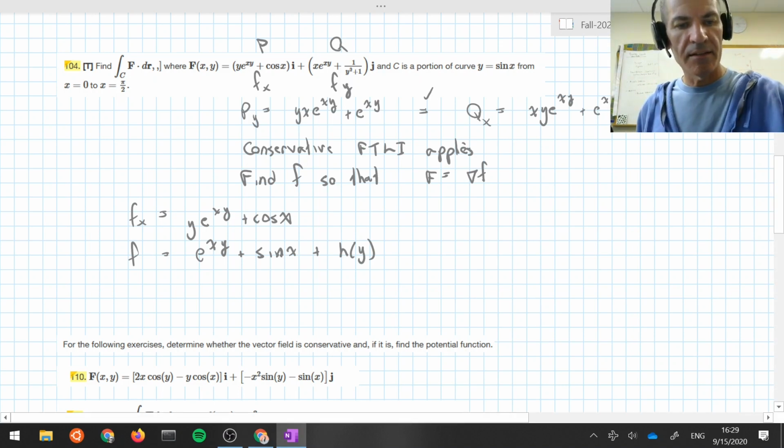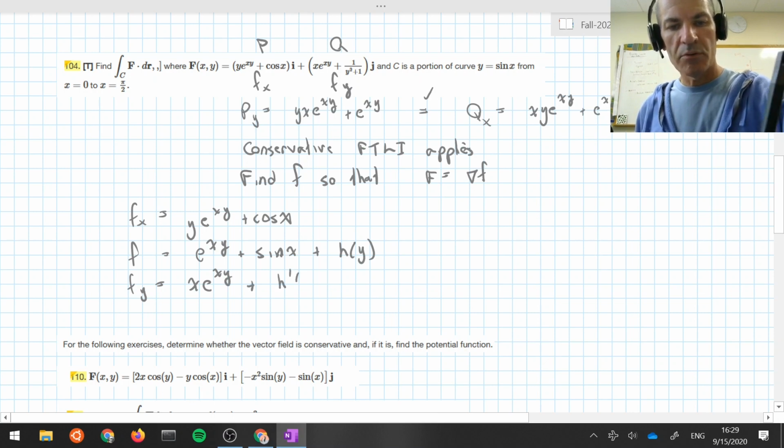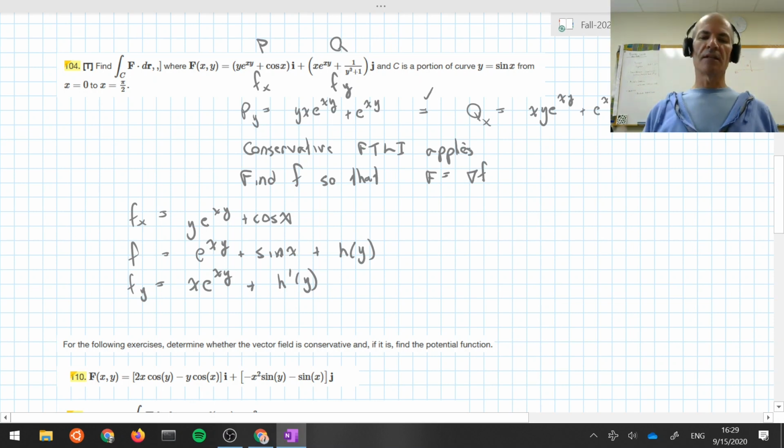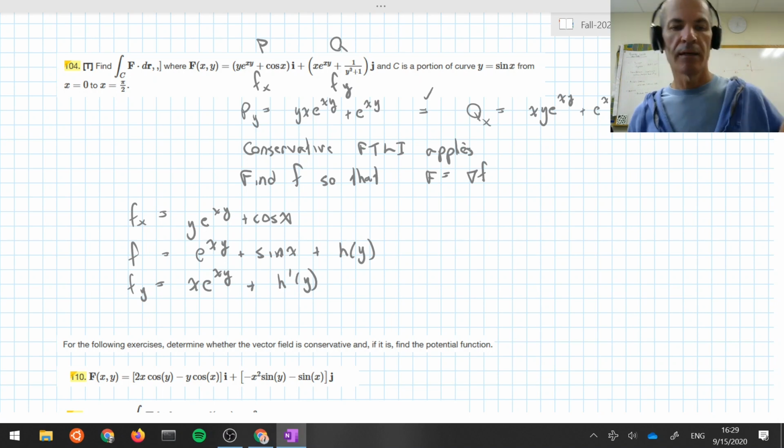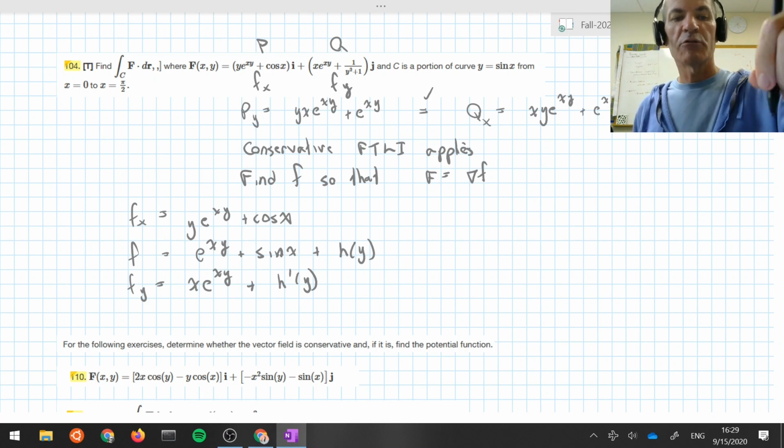All right, now take this guy and immediately differentiate with respect to y. X e to the xy, that's 0, and then plus h prime of y. We use h prime to indicate that this is an ordinary derivative, not a partial derivative, because there's only one variable in play at this point. That's f y based on the f that we calculated from f x.